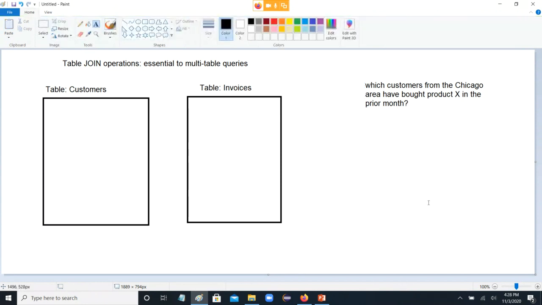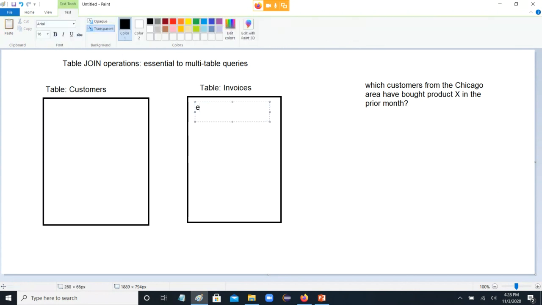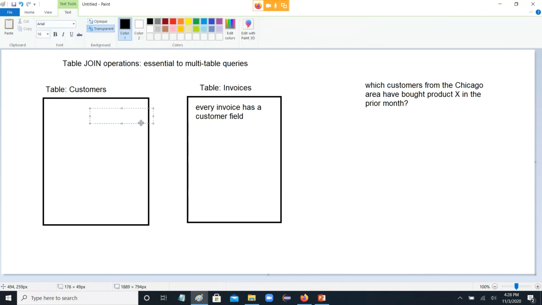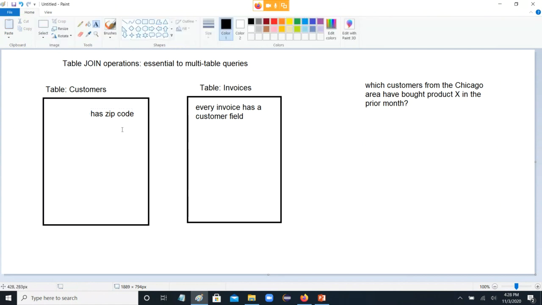Now that's going to require data from both of these, right? So we're going to assume these are linked, basically that every invoice has a customer field, right? So that makes sense. And the customer has a zip code. Okay, so that's how we learn if somebody's from the Chicago area.